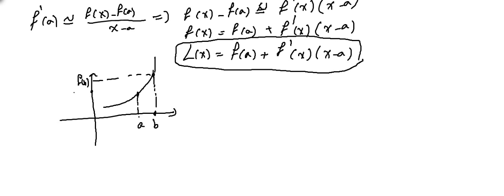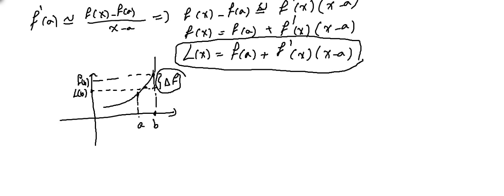Linearization gives L of b, approximately equal to f of b. We can say here we have simply a delta f between f of b and L of b, right? An error. It's not equal, it's only approximately equal to this value.